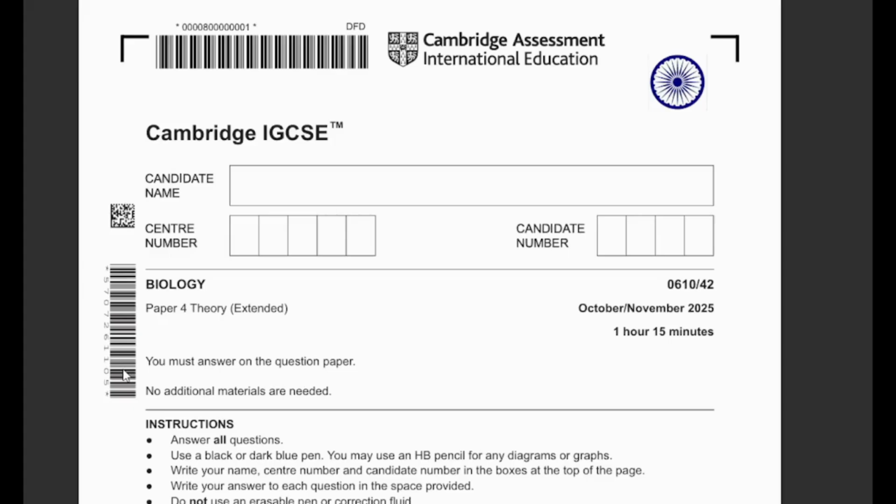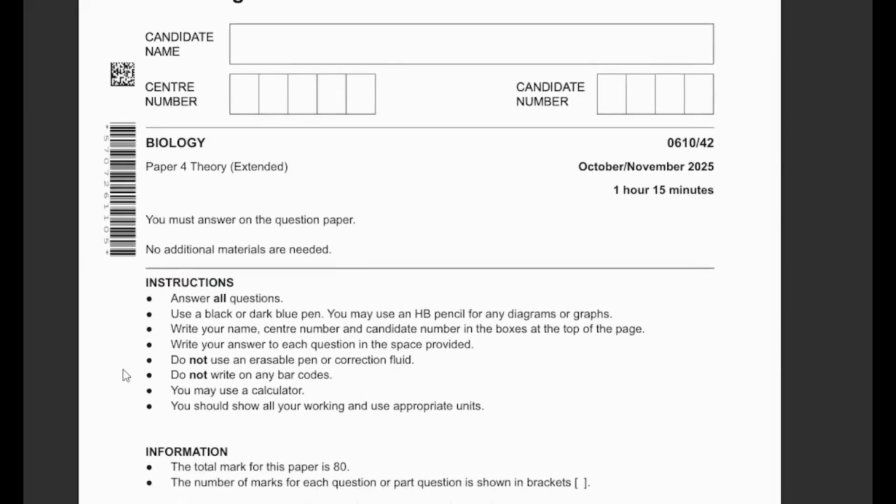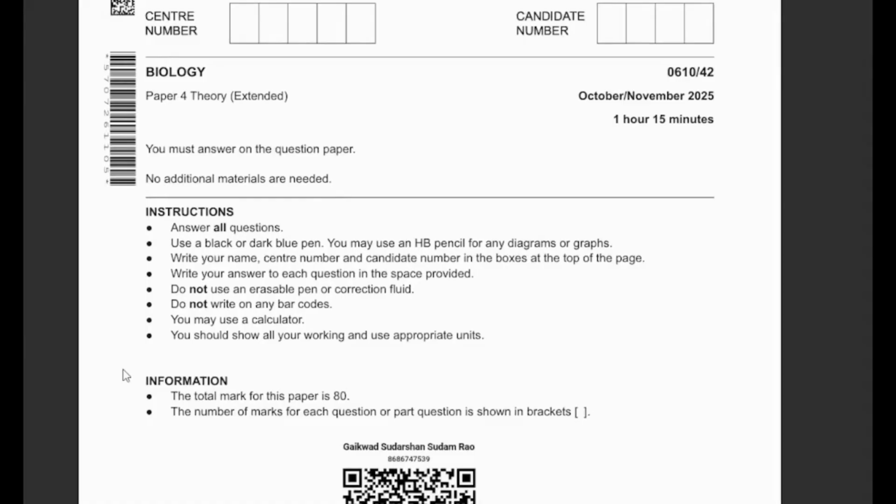Okay, so October November 2025 0610, the theory paper we are going to solve. Instructions once again: read all the questions properly. Use only a blue ballpoint pen, and wherever there is a graph, please use an HB pencil for your diagram and graph. Write your name, center and candidate number properly in the given boxes.